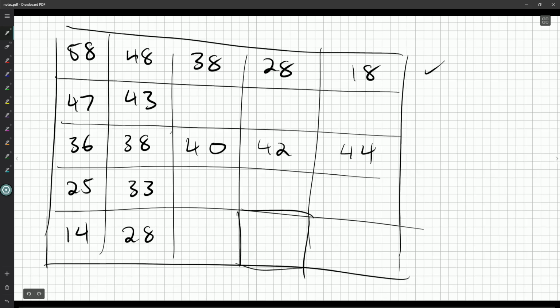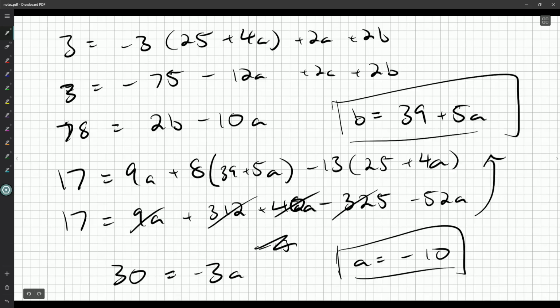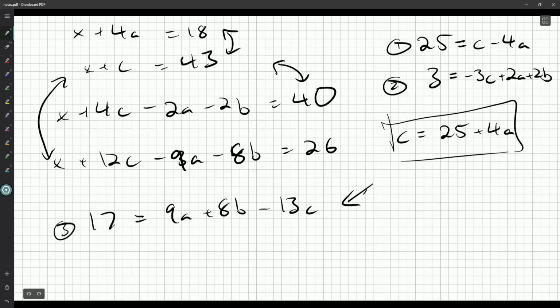44. But I don't get 26 here, so I have made a mistake. But how and where?